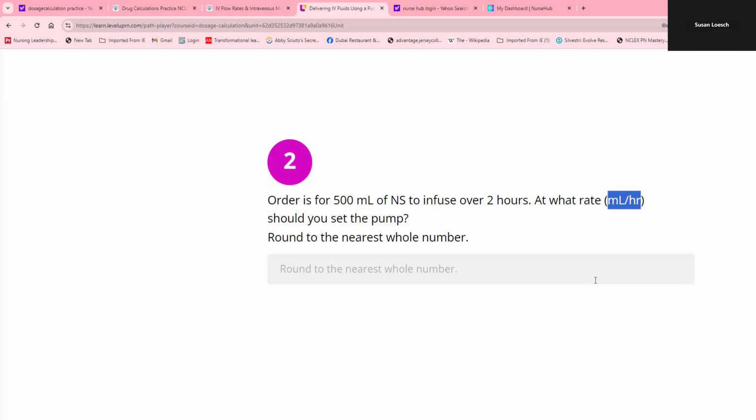Now, in real life, if you just think about your clock, this is common sense to help you a little bit. If I said to you it's 2 hours and 30 minutes, you know right away that's 2.5 hours. So I could just take my 500 and divide it by 2.5.